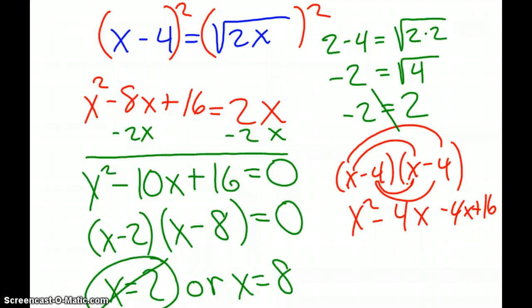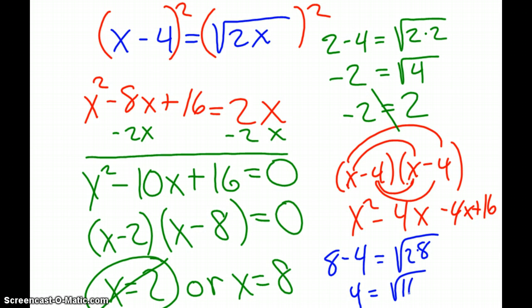So if I look at my second solution here, my 8, I'm going to do this in the bottom right corner here. If I plug that in, 8 minus 4 equals the square root of 2 times 8. 8 minus 4 is 4. The square root of 16 is 4. So that is true. This is a real solution.